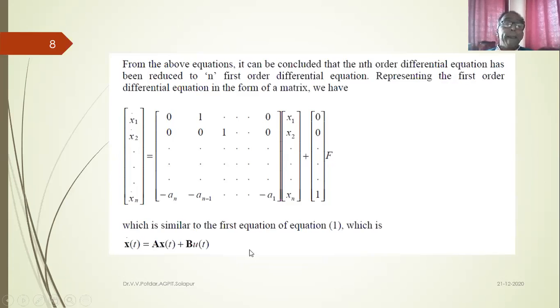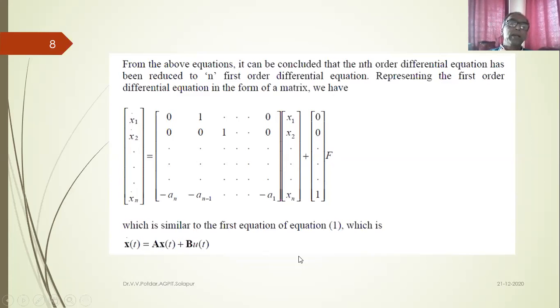This is similar to the first equation of equation 1, x dot of t is equal to A x of t plus B u of t, or just eliminating t because we already know all these are functions of time, x dot is equal to Ax plus Bu.